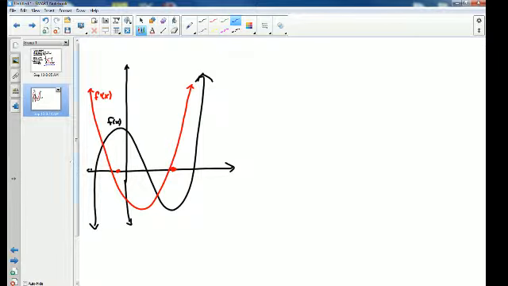Where's the 0? Say stop. Right there. Are we positive or negative over here? Negative, so we're just going to do this. Right? And then the third derivative, because we can keep going. We don't know the exact slope, but it's positive somewhere.